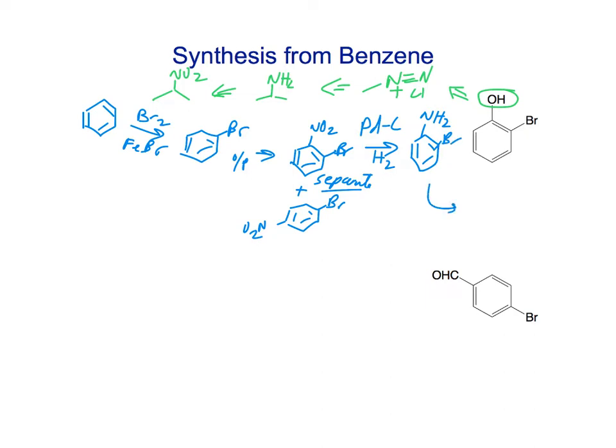And then we'll have to go down to the diazonium salt, and we used NaNO2 and HCl at 0 degrees. And we get to this. And then what do we use to convert that diazonium salt into the phenol? Just water.